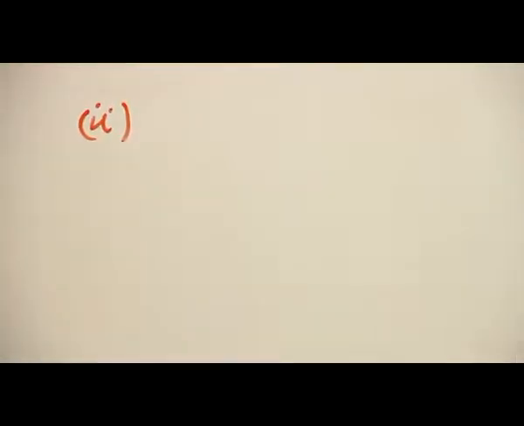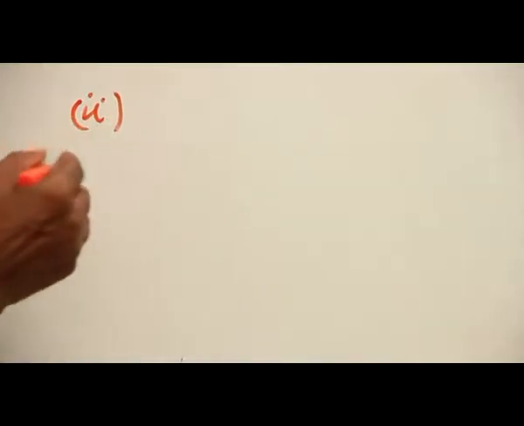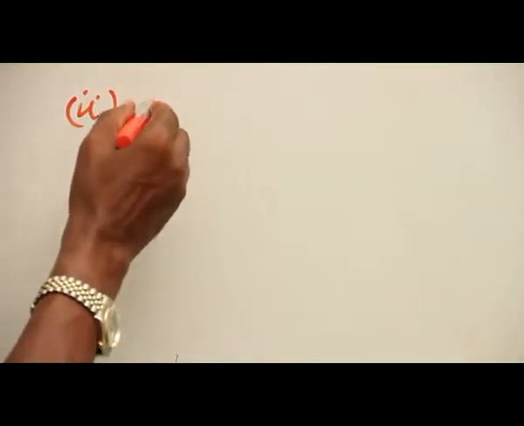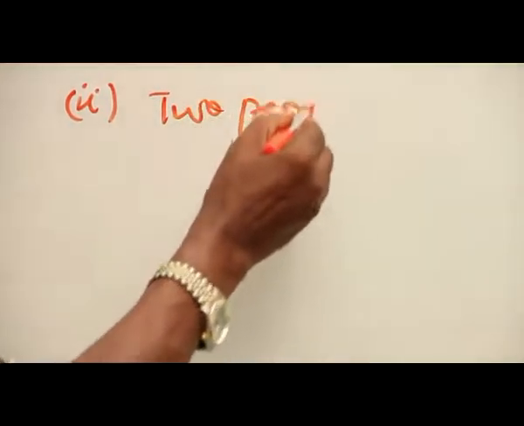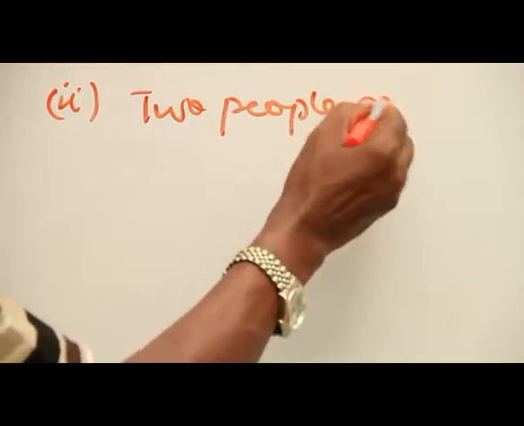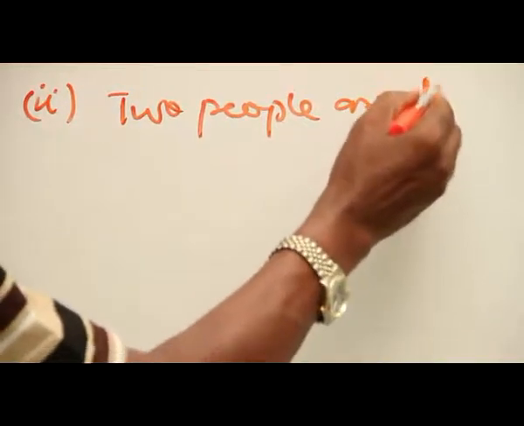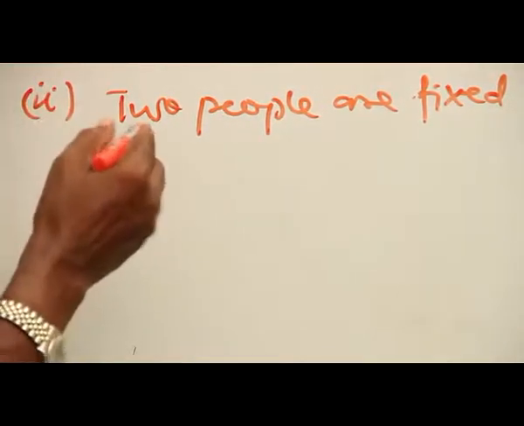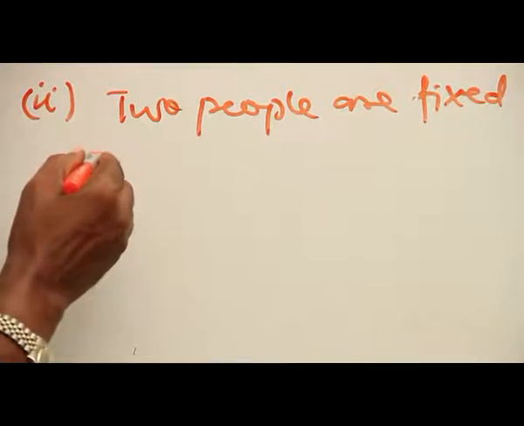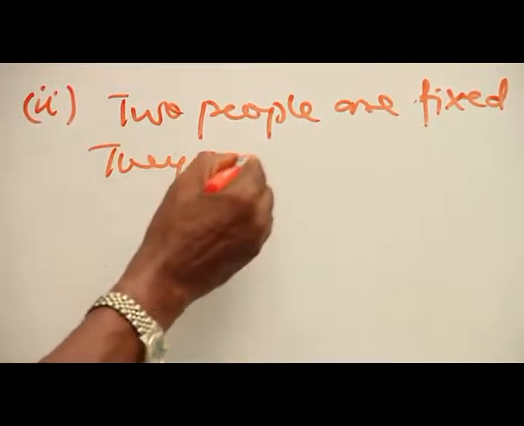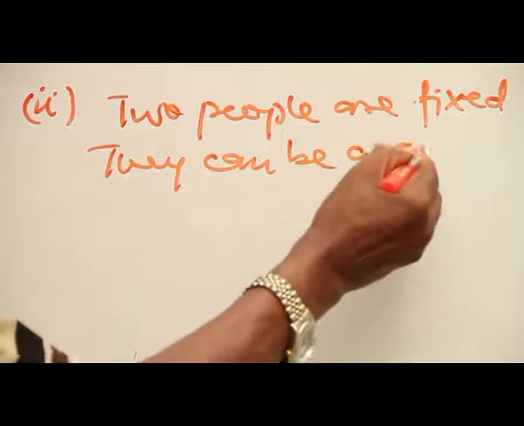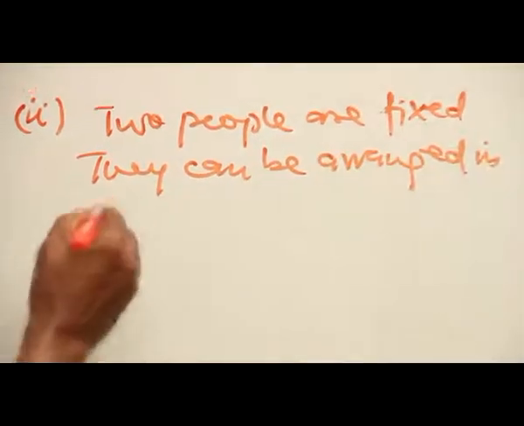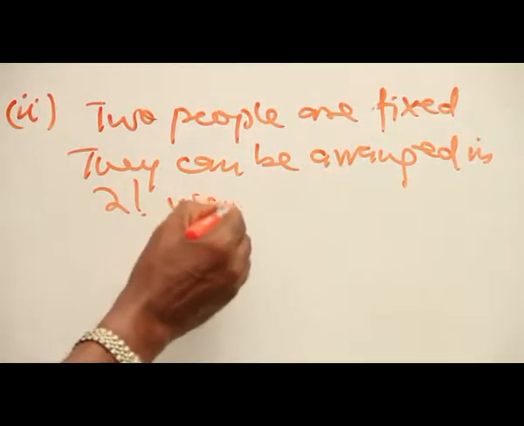Number 2, if 2 people must sit next to each other, in how many ways can this be done? First of all, the 2 people will be treated as fixed together. And then, of course, these 2 people can be arranged in 2 factorial ways.